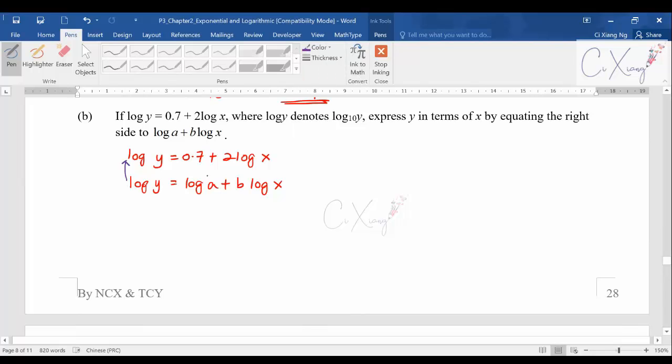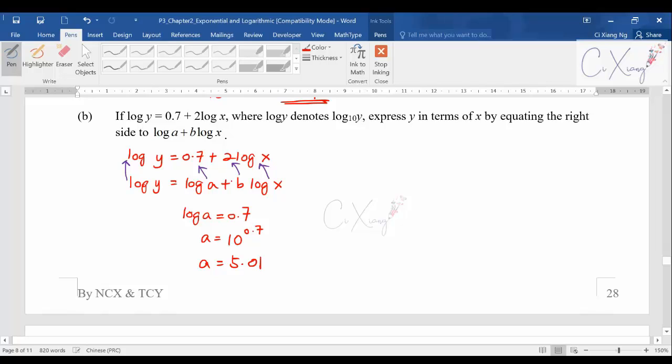So log y is log y, log a is 0.7, b is 2, log x is log x. From here, it's quite straightforward because you can see that log a equals 0.7. If you want to know the value of a, it will be 10 power 0.7, and therefore you'll get a value of a, which is 5.01.